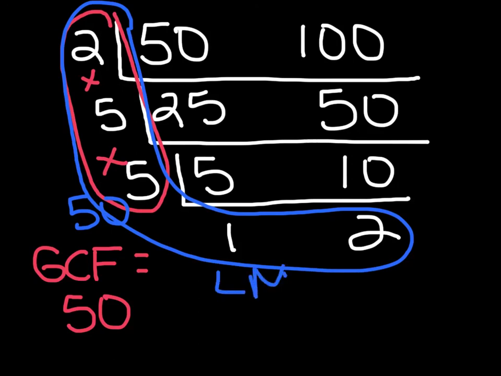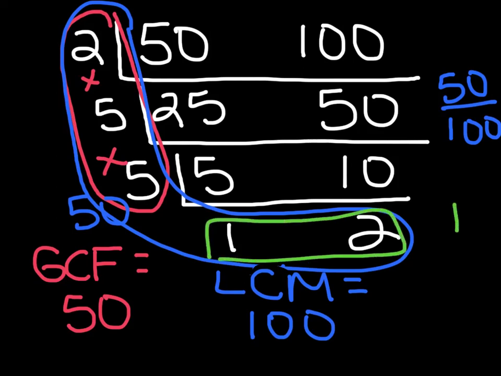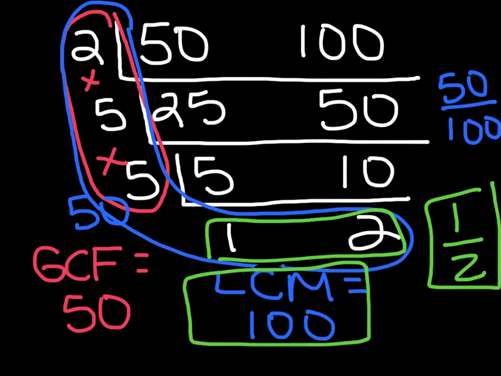So my LCM is 100. You don't really need to know this yet, but it's helpful: if your fraction was 50 over 100, that would simplify to your remaining numbers at the bottom, which are 1 and 2, so your fraction would be 1/2. Again, you can find all 3 of those using the cake method.